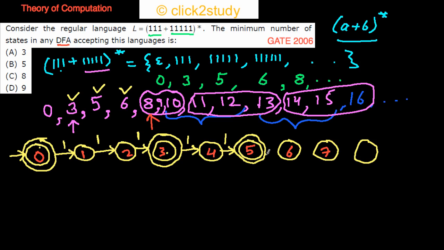Then same for 6: you go to 6, and 6 is accepting. 7 you don't accept. Then we read one more 1, and you go to 8, and you know that 8 is again accepting.